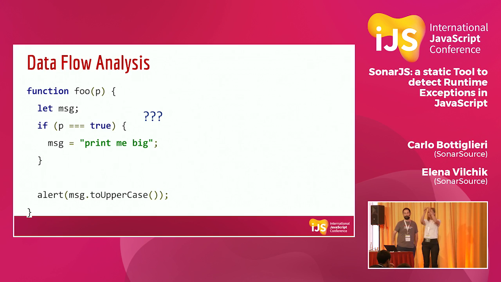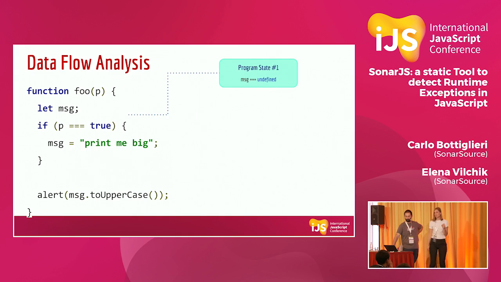Because we are really going through the control flow graph, we are at that particular point between these two statements, and we don't know what will be there. We are only 100% sure that message is undefined at that point, because when you create a variable, it's not initialized, it has an undefined value.